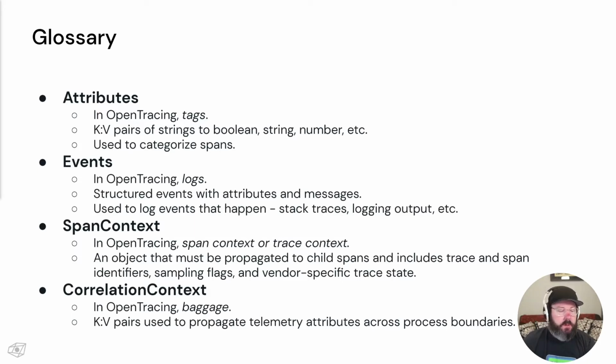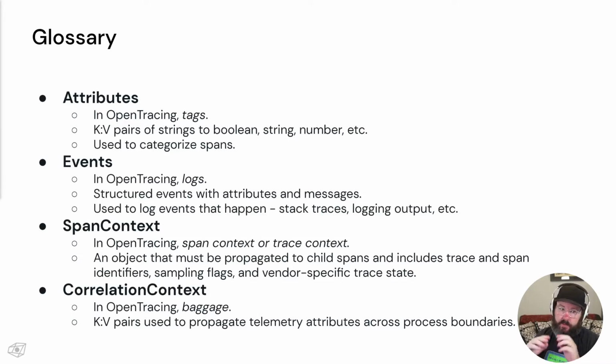However, rather than creating it as a child, you can create it as a link. If you link two traces in that way, then service B would not continue the previous trace. It would create a new trace, but they would have a reference to the old trace in the link property of that new span.